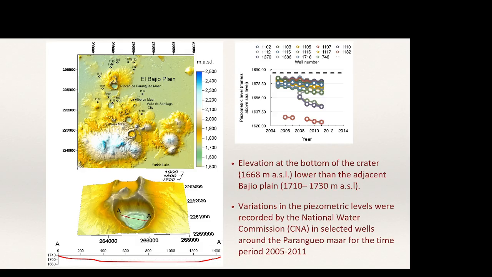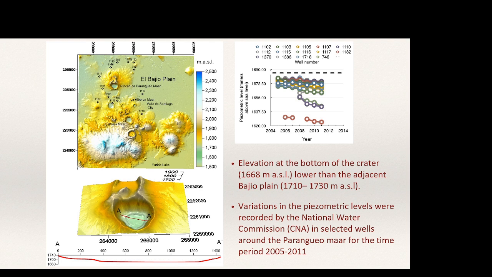So here we see the Rincón de Parangueo crater, and all of these points are agricultural wells that extract water. Here we can see the piezometric level descent that is about half a meter per year, and it's more or less the same rate at which the water descended in the crater.